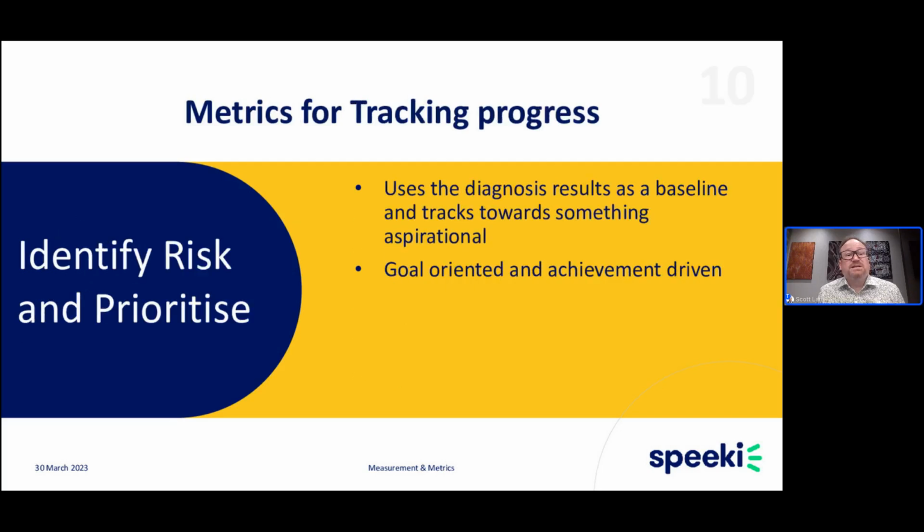Let's move on to the second category, which are metrics that focus on tracking progress. Now, as you might expect, these are metrics that move over time. What they do is they look at the baseline that we just looked at, so for example, gender equality, and they take into account the fact that you have built programs to change those metrics or to improve those metrics.